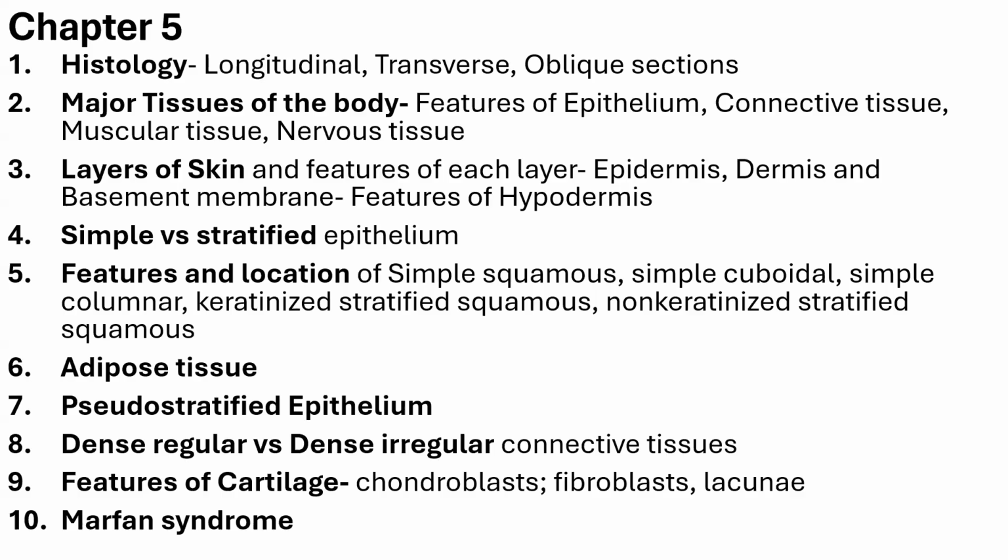Longitudinal section, transverse section, oblique section, the major tissues of the body, features of epithelium, connective tissue, muscular tissue, and nervous tissue. The layers of the skin and features of each layer, epidermis, dermis, and the basement membrane, which separates the epidermis from the dermis.